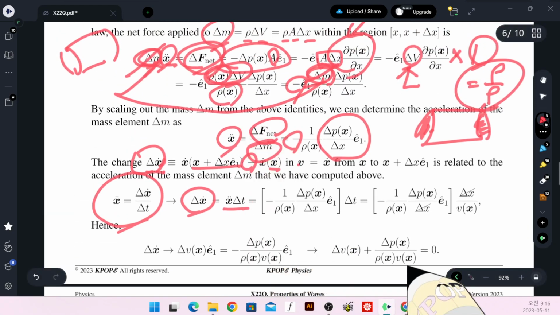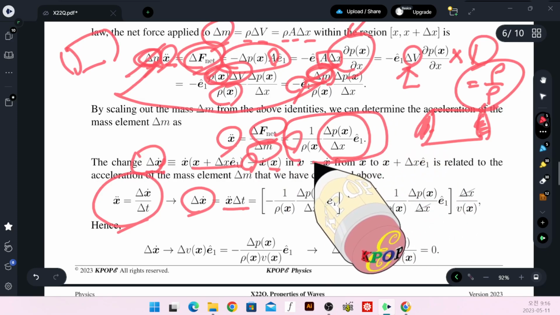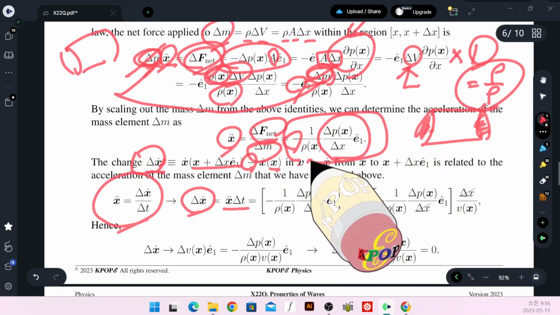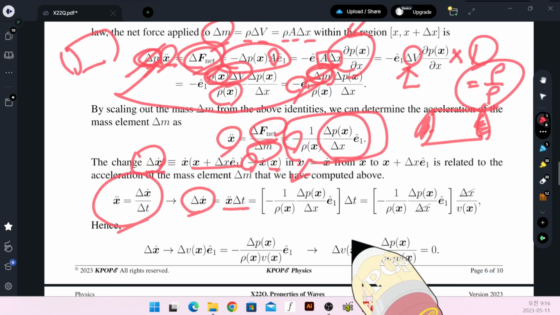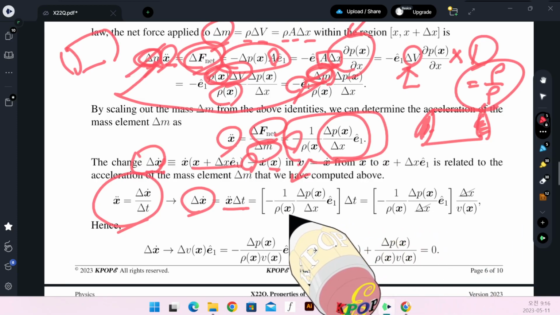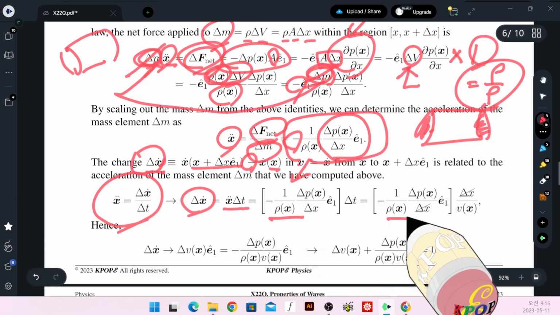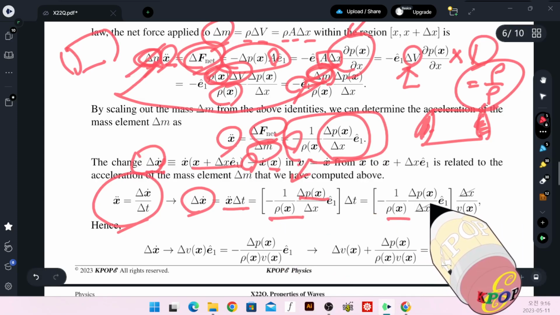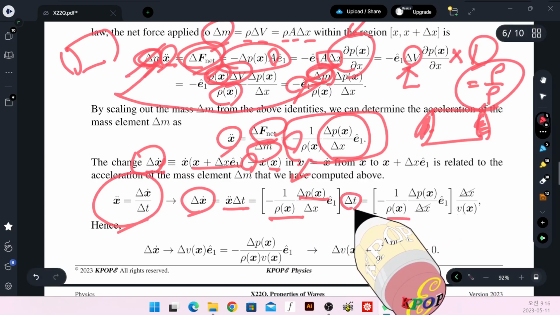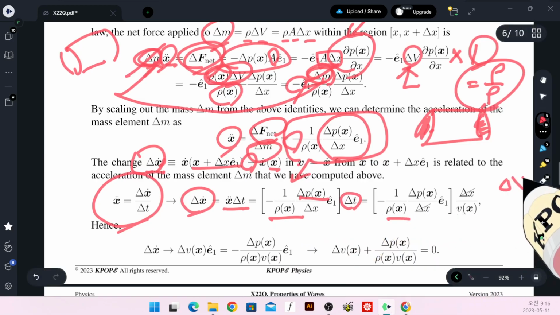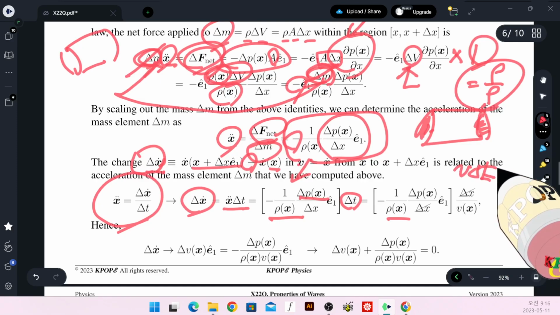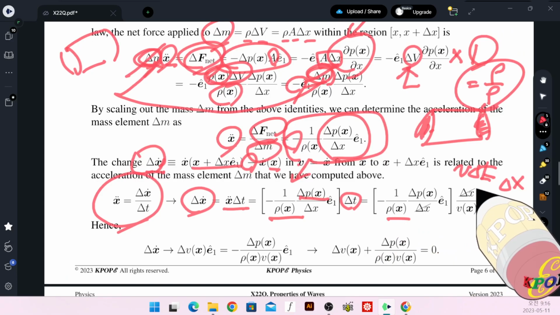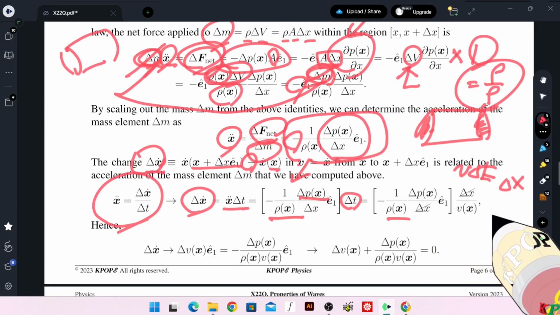What we have found previously is the acceleration is this, and we substitute. And then what happens? Rho, the same. This guy, the same. But we have delta t. Delta x is v delta t. Therefore, delta t is replaced with delta x over v.